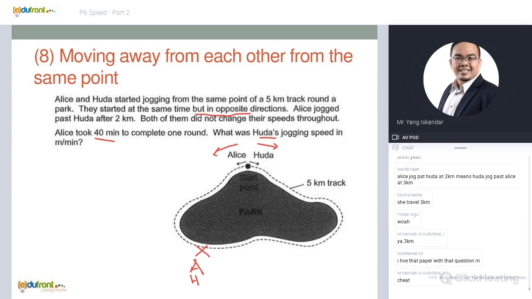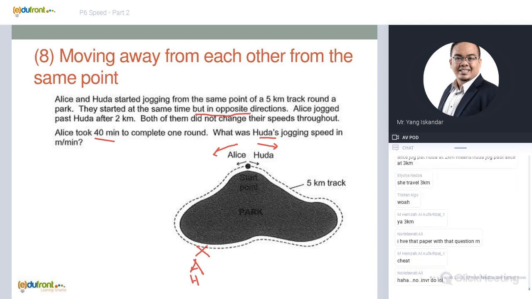So see who's the first one to give the answer. Remember, leave your answer in meters per minute.